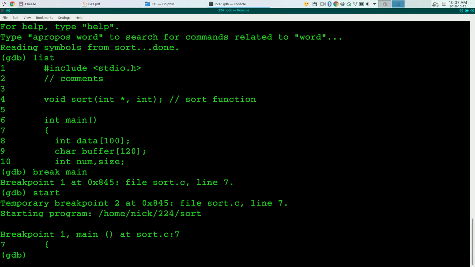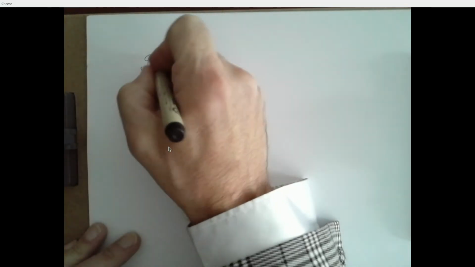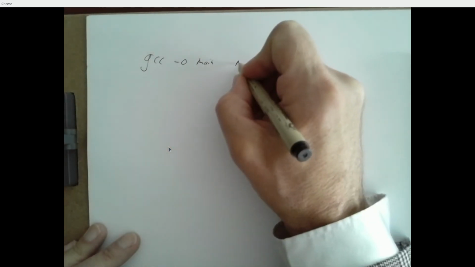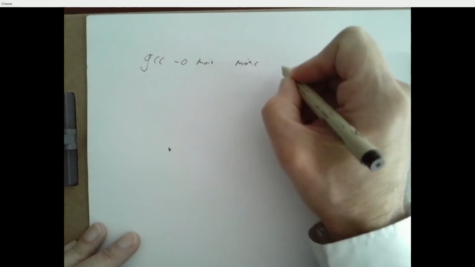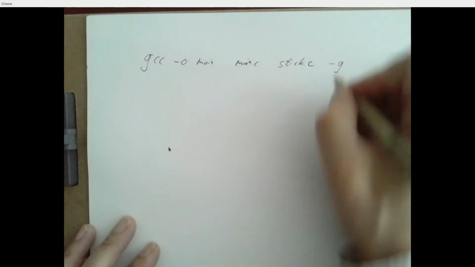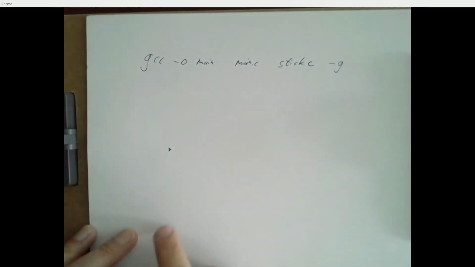Yeah, so if you compile in one line, so if you say gcc -o main.c, stick.c, that works fine, right? If you just throw a -g somewhere in here, all of these will get compiled with -g.